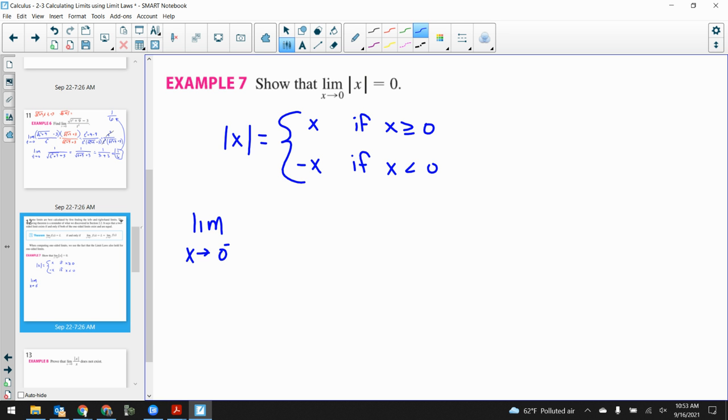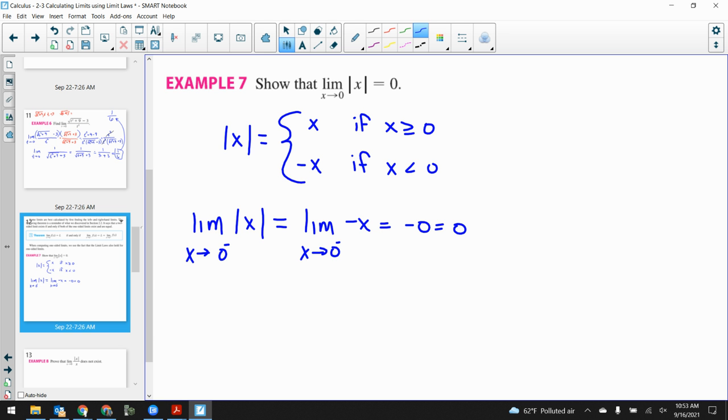It's going to look like negative x. And again, I keep forgetting to write the limit as x goes to 0 from the left of negative x. Okay. But when I do the direct substitution, it'd be like negative 0, which is still 0.